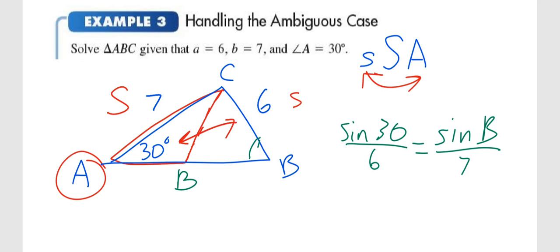We called it negative pi over 2 to pi over 2. That was the range of our inverse sine function. You can't forget this stuff, folks. It's on the final exam.